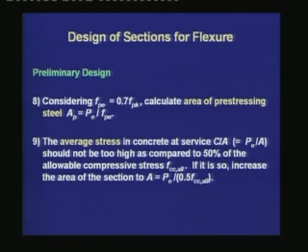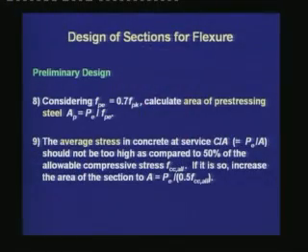Since the FCC allowable occurs at one extreme edge of the member, the average stress should not be too high than 50% of this FCC allowable, and this average stress occurs at about half the depth.